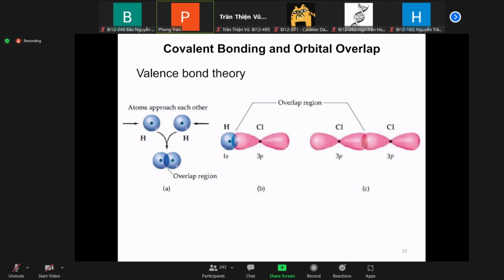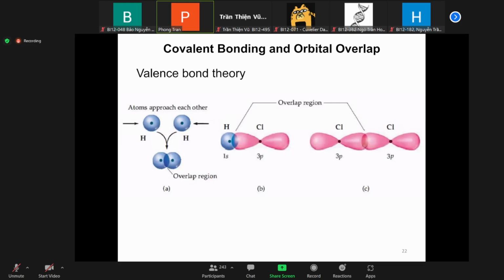So the two atoms get closer. When they approach each other, at some distance, very close to the van der Waals distance, they start to have overlapping of the atomic orbitals.